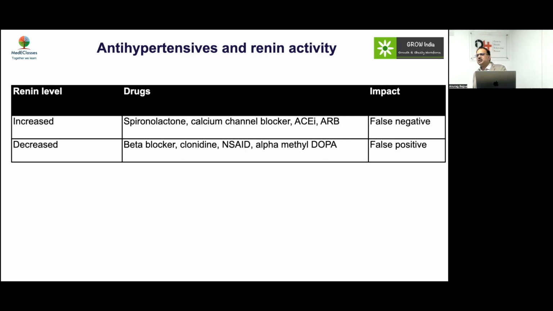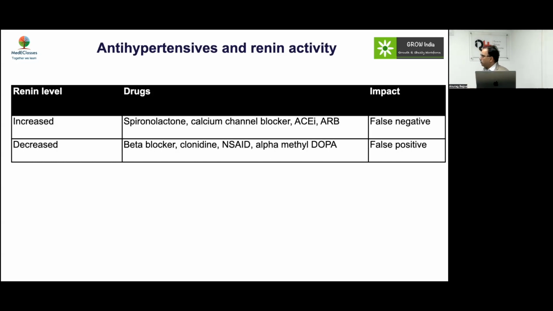So that will falsely give renin levels which will be high. So you will miss primary hyperaldosteronism. On the other hand, if your renin is still low in somebody who is on ACE inhibitor, on ARB or spironolactone, you are 100% sure that this is a low renin or an endocrine pattern of hypertension.